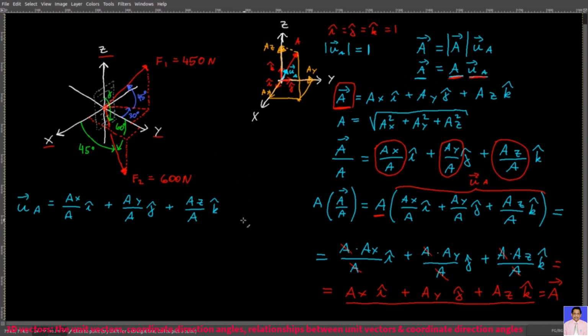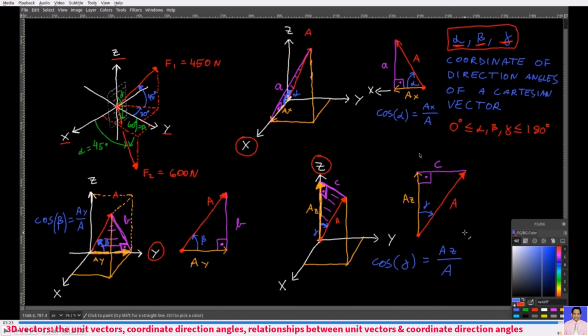But now, if this is your general unit vector, then remember that Ax over A is cosine alpha, Ay over A is cosine beta, and Az over A is cosine gamma. We saw that here.